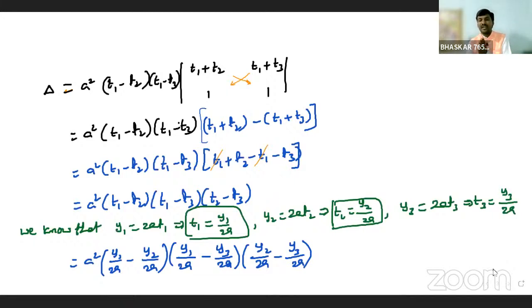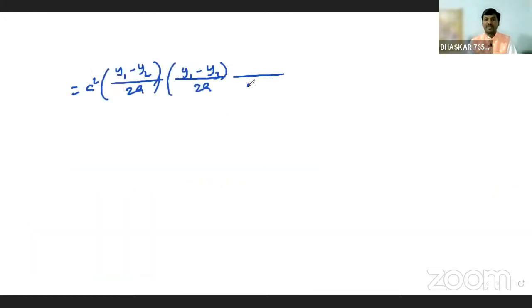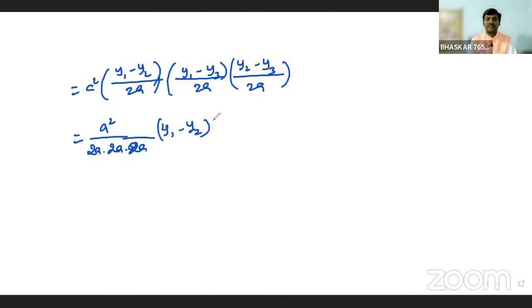In the next factor also 2a is the LCM, and we get y2 minus y3. So you can write the 2a outside completely: 2a into 2a into 2a. So a square divided by 2a into 2a into 2a, and into (y1 minus y2), (y1 minus y3) and (y2 minus y3).